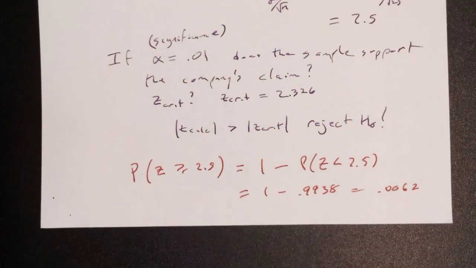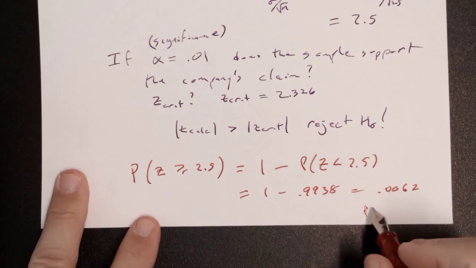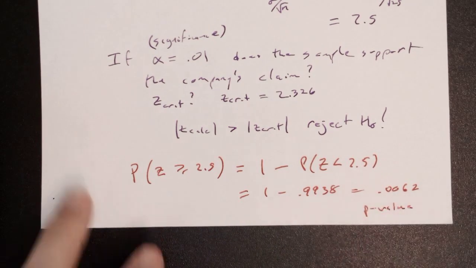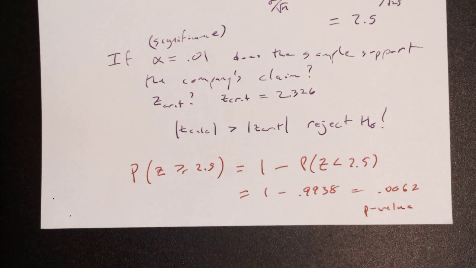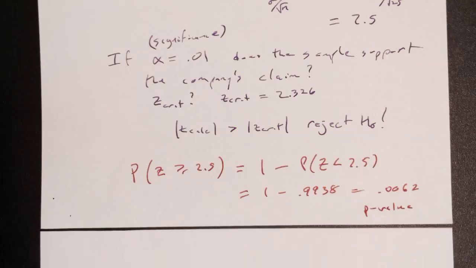Our significance level. You're right, beta is sensitivity. What's our significance level? It's 0.01. This is smaller than that. I'm going to call this a p-value. It's the chance of the thing I actually got as my result happening randomly. And if my p-value is smaller than my significance, I reject.